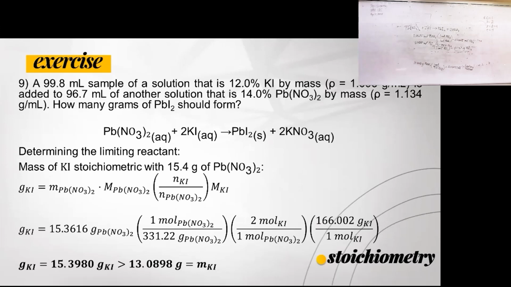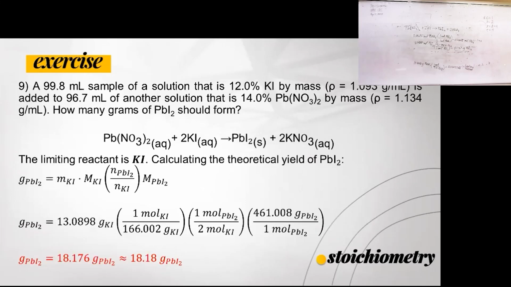So follow nyo lang yung ginawa ko dun sa PowerPoint, which is just converting yung grams of PbNO3 to grams of KI and seeing na mas greater na yung grams ni KI na na-produce for PbNO3. So that would mean na KI is lesser.